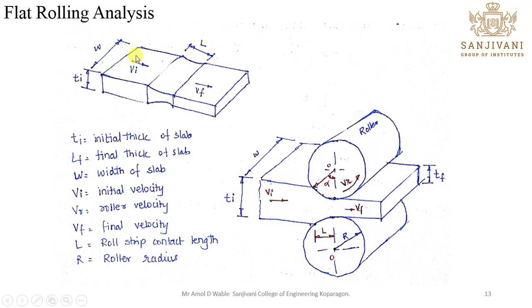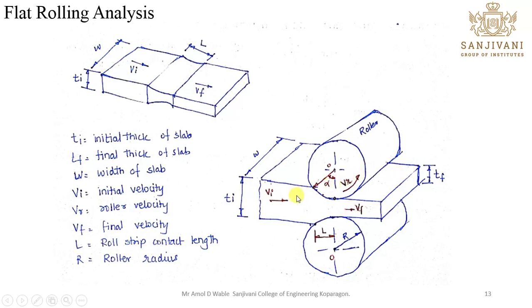Here you can find this as the width. The initial velocity will be different from the final velocity, and the initial thickness might be different from the final thickness. The one thing that will not change is the width. The width in the initial and final case will be the same.